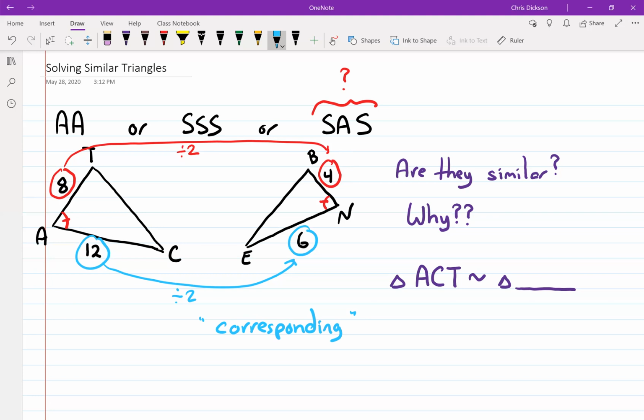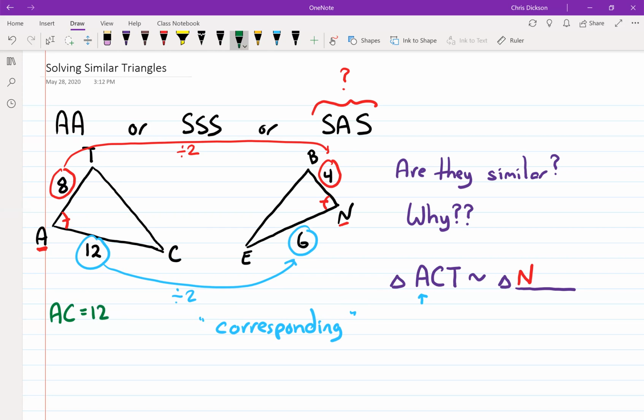Corresponding means which sides and angles are related to each other. So corner A is the corner that has the red little angle in it. So I have to go to the other triangle and find the letter that has to do with the red angle, which is corner N. So I could say corner N. And then I go to side C. Now, side AC is equal to 12.